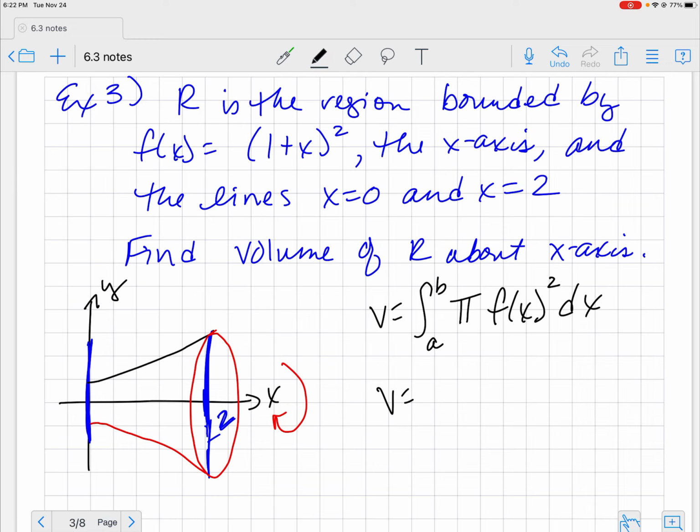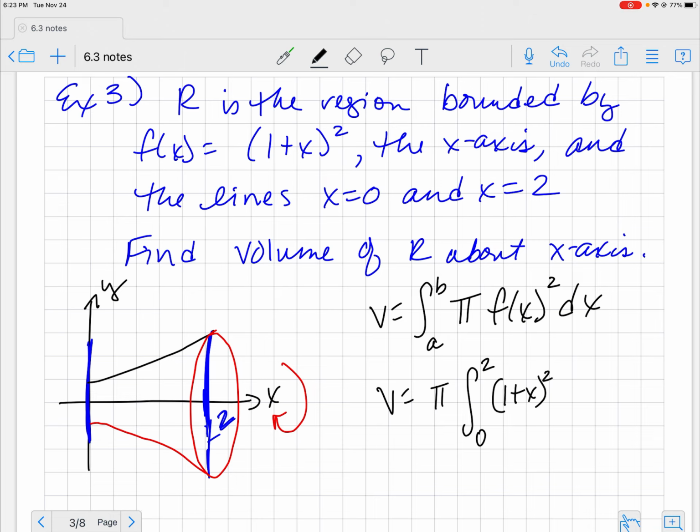It's just a number. And remember, if you have a constant, you can chuck that in front of your integrand. So I'm going to put that in front because I don't really want to mess with it. And here I see from my problem, I'm going to go from 0 to 2. And then my function, which is going to be that radius, right? My radius is coming up to my function, and my function is (1 plus x) squared.